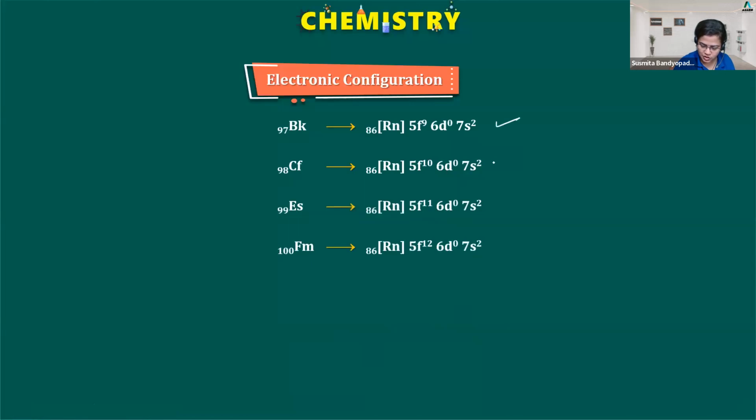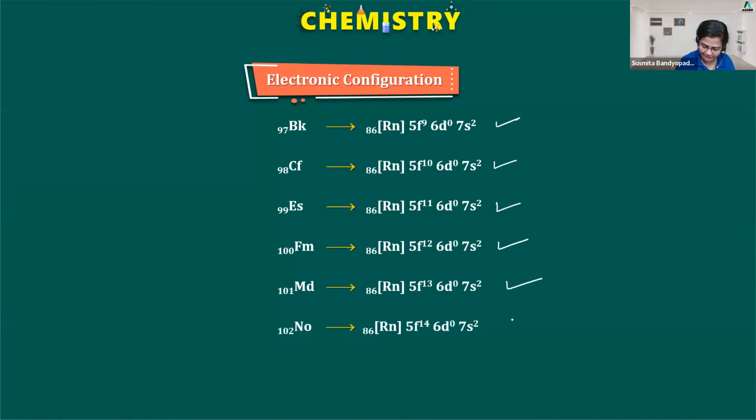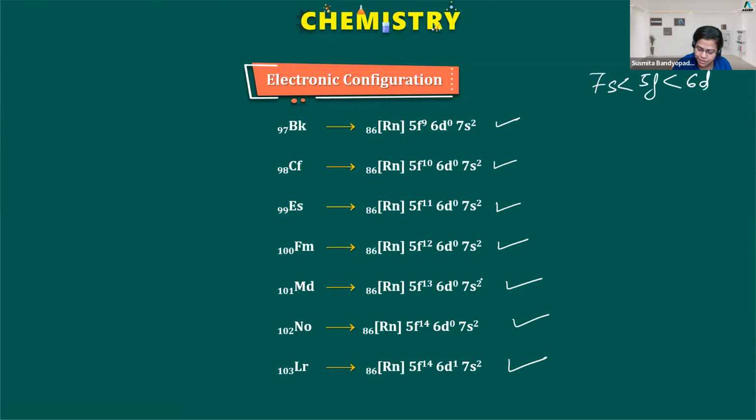Good, very good. Excellent. Everyone, did you follow? Why did I say very good? After 7s, it should be 5f and then 6d, and these are following, and this, after 5f it's 6d. Justified.